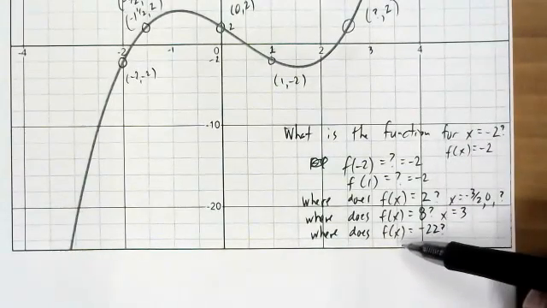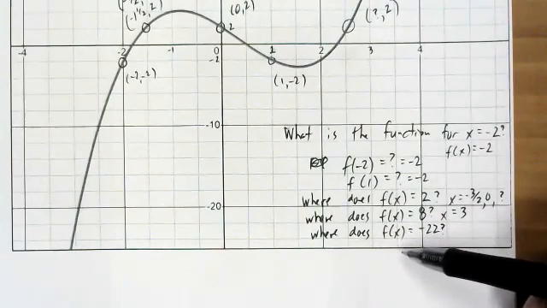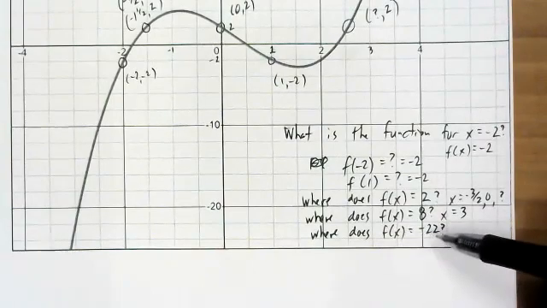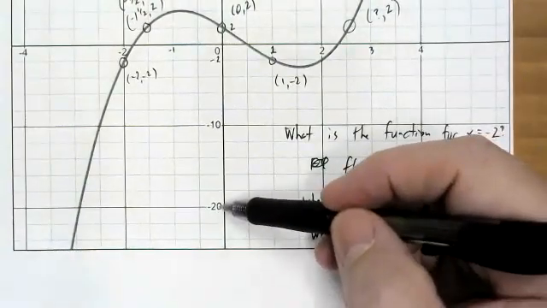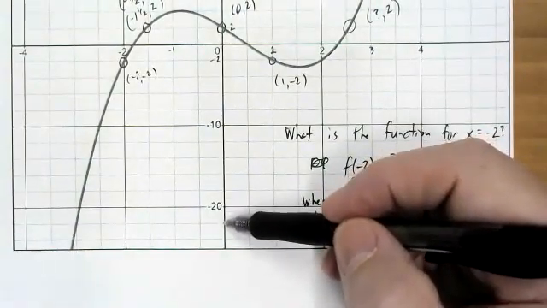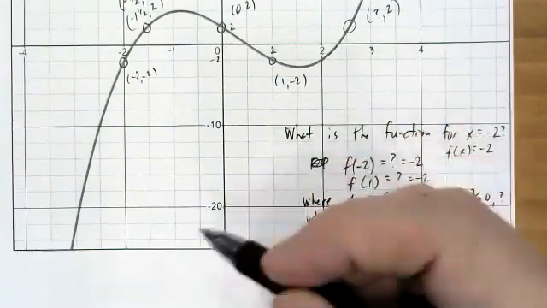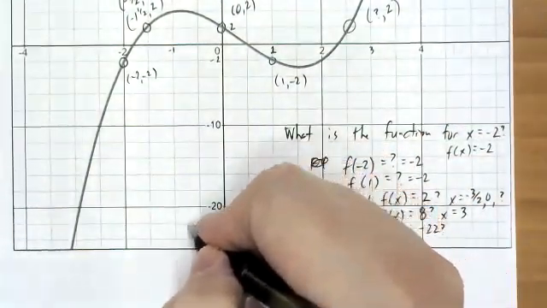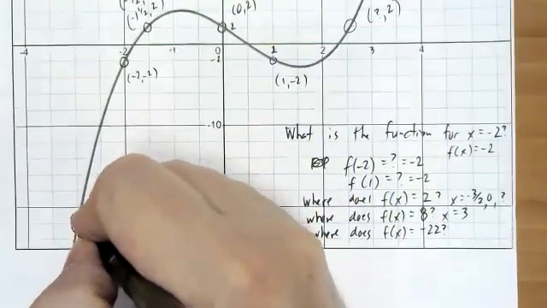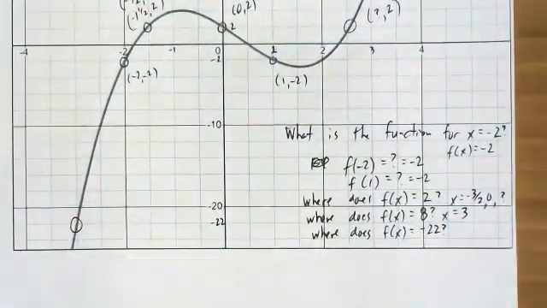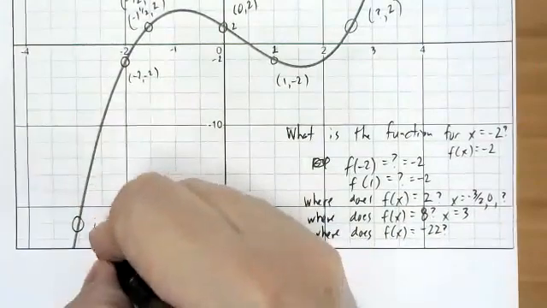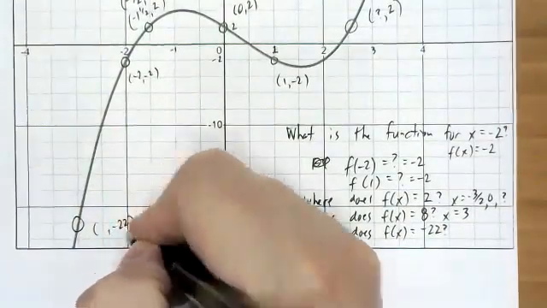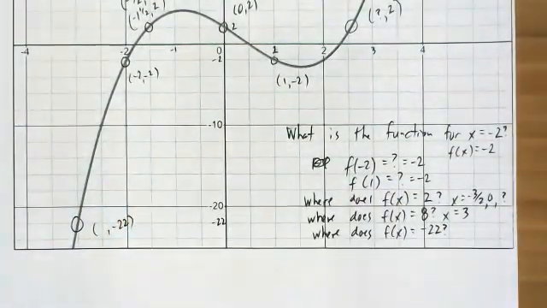So I want to find on this graph where the function equals negative 22. Negative 20 is here. I know each of these lines is a distance of 2. So negative 22 is right here. So now I go over and I realize that right there, that's where my function is negative 22.